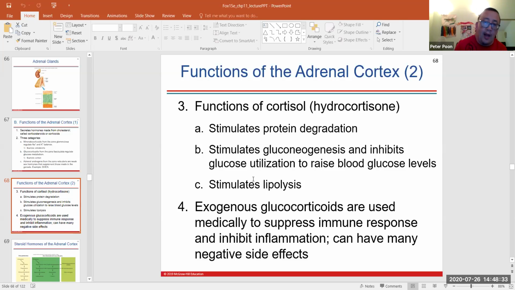It stimulates lipolysis. If you think about what happens if you break a bone, you need energy to repair, so you have to increase the glucose levels in the bloodstream to get more sugar into the bloodstream. Because of that, you have to break down proteins and fat for energy.